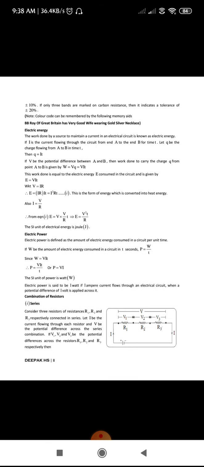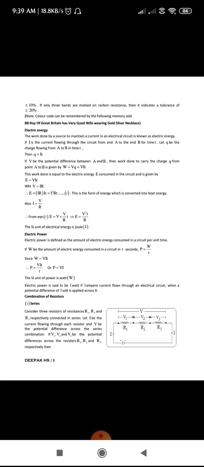If you substitute the value of V and I, the value of power can be expressed in different forms. Yeah, fine. Just make sure that you substitute the value from Ohm's law correctly. Okay. So when you substitute the value of V, it is IR. When you substitute the value of I, it is V by R.